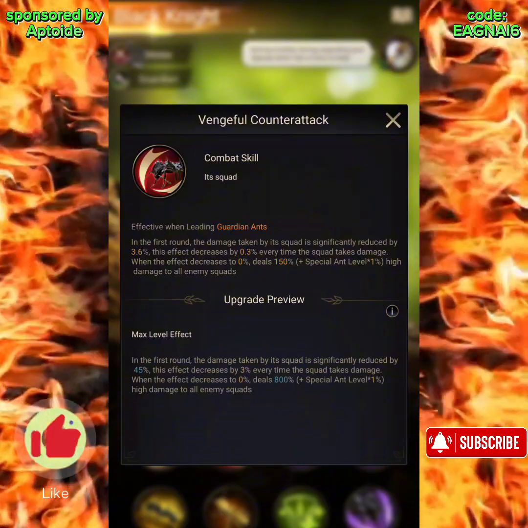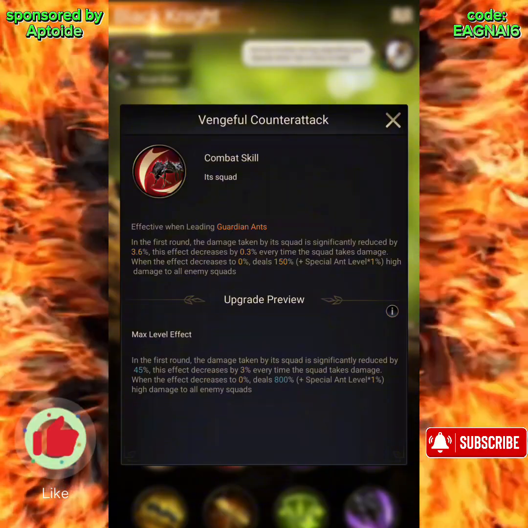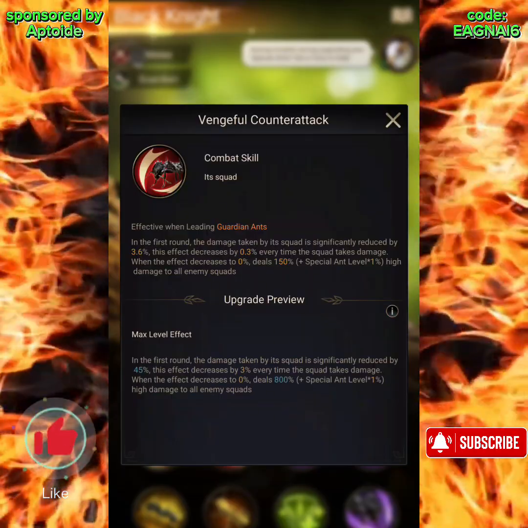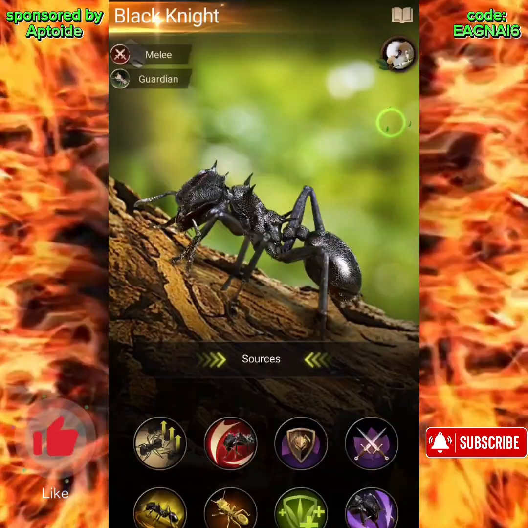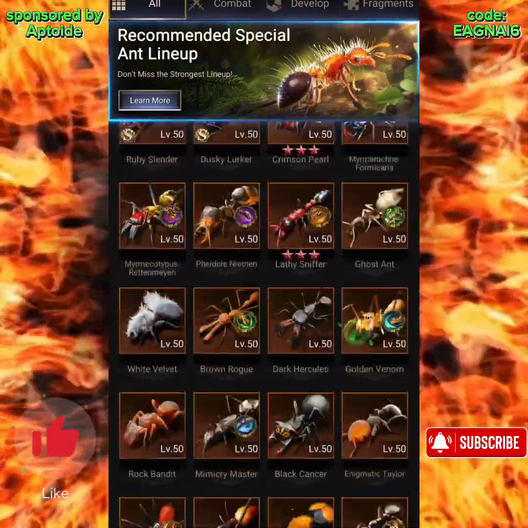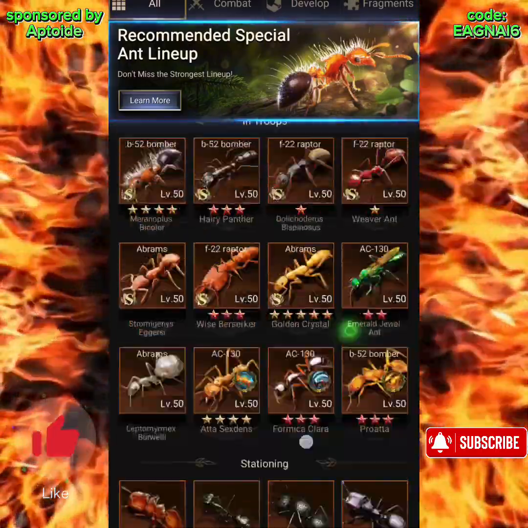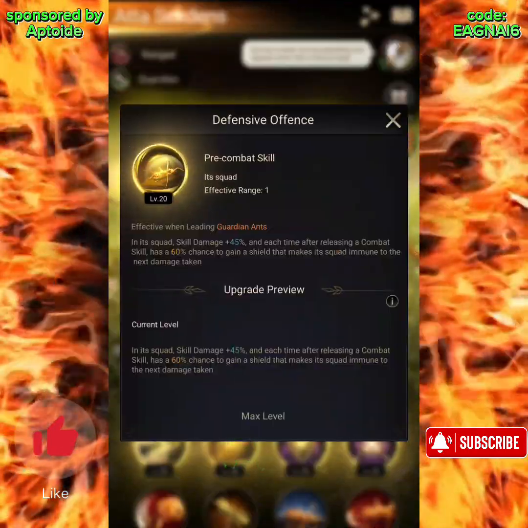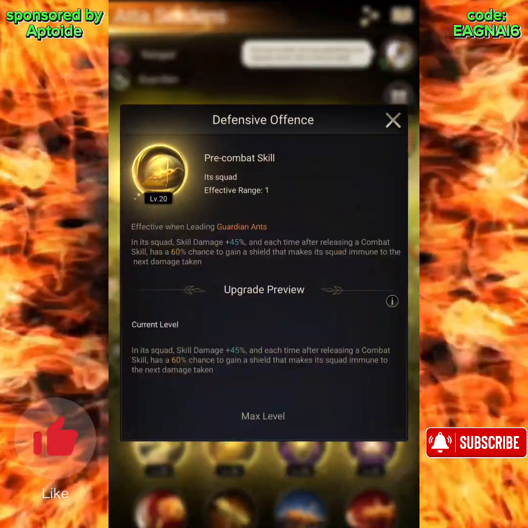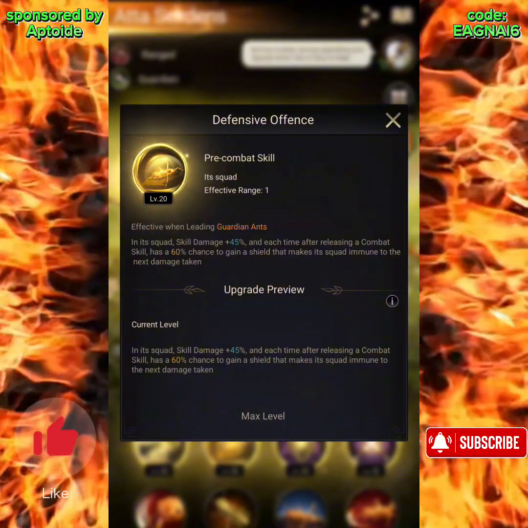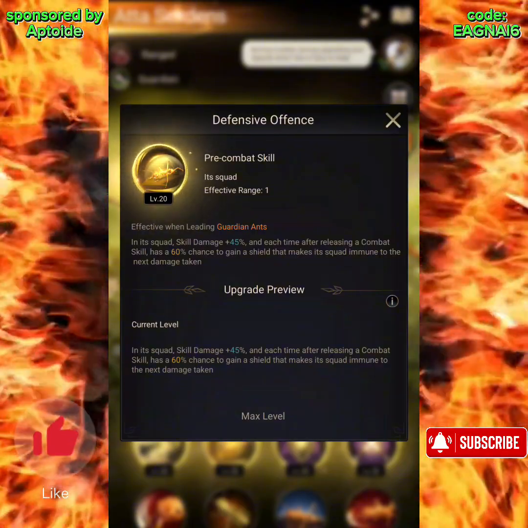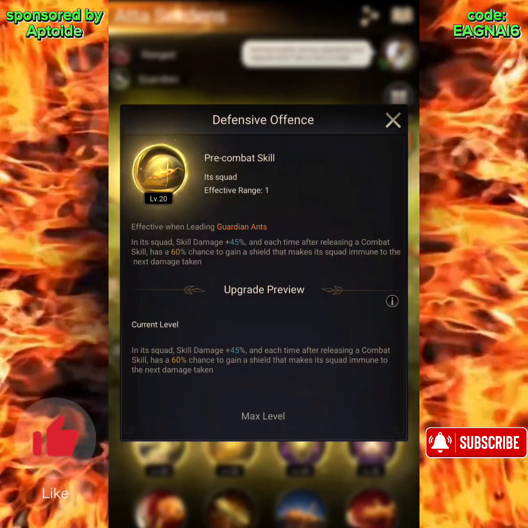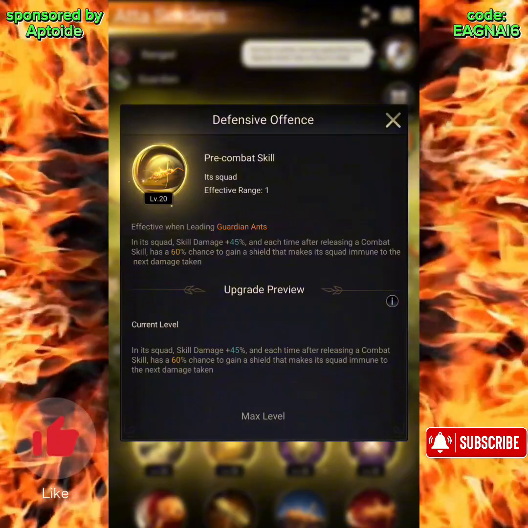It might go through a few people because, especially with the whales, it's going to have high packing power in the fight. But when you're looking at survivability for your front line, using something like Ada with skill 2, it has a 45% skill damage, and then after releasing a combat skill, it has a 60% chance to gain a shield to make the squad immune to the next damage taken.